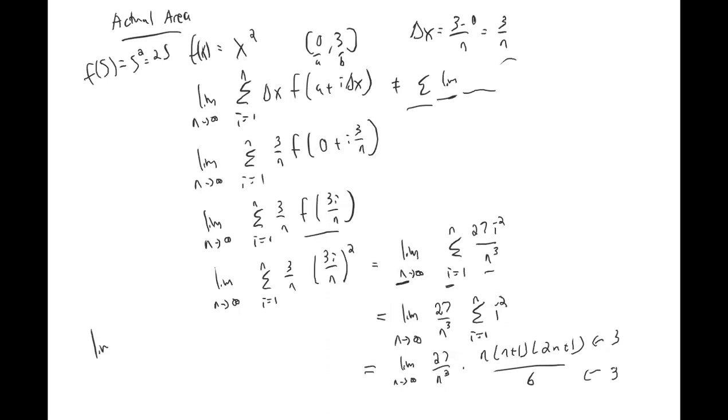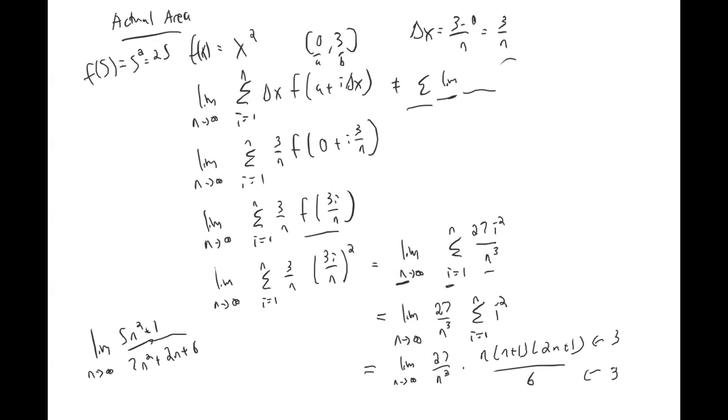For example, let's do something simple, like 5n squared plus 1 over 7n squared plus, I don't know, 2n plus 6, something like that. What is this limit?